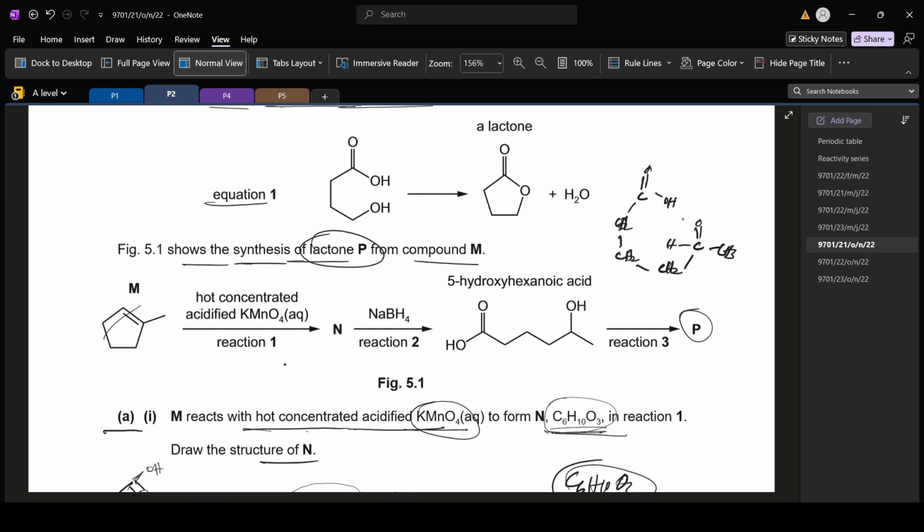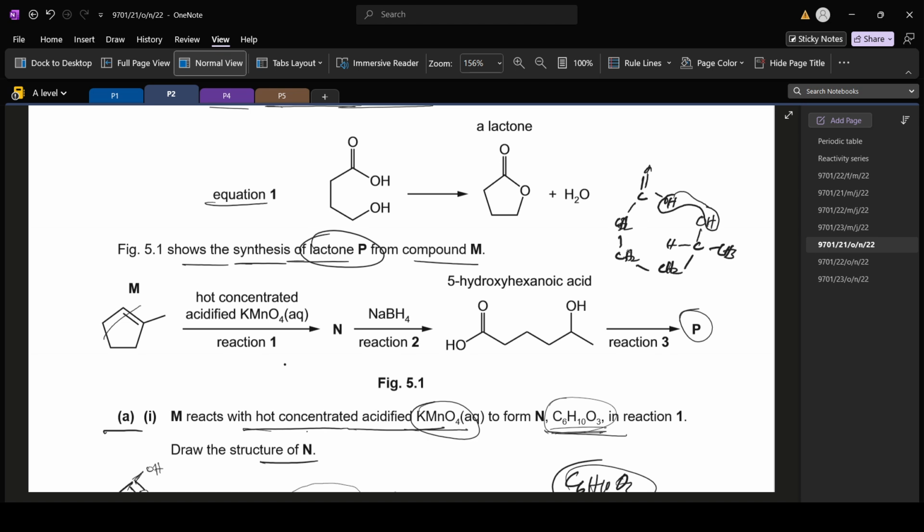Sorry, you will have an alcohol over OH. So this part, this water will eliminate, and this will form an ester.